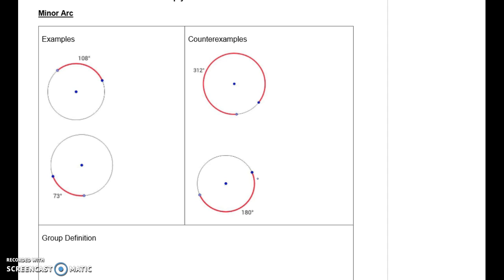So the definition we're going to use is an arc of a circle that measures less than 180 degrees. That's how we're going to define a minor arc.